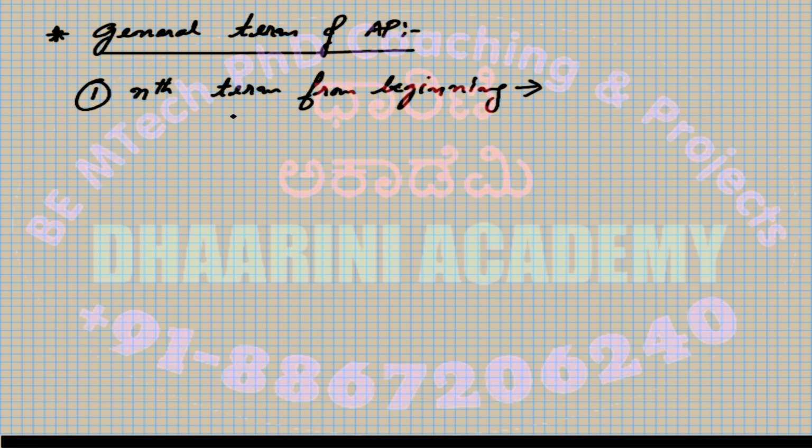That is denoted as Tn dash, which is nothing but L divided by, I can see the third term has power 2 in the denominator, so the nth term should have 1 power less than n. So this has to be R to the power n minus 1.